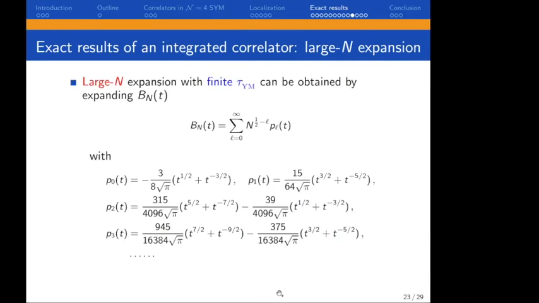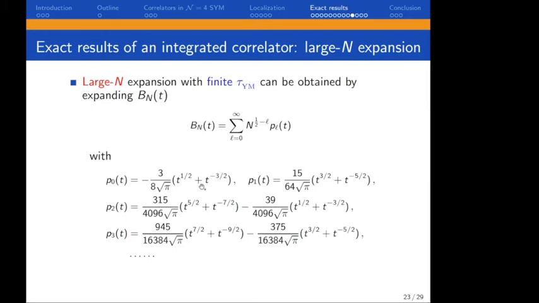Another direction we would like to study was the large N expansion, but now with finite coupling. That can be done by expanding this rational function, called the BNT. We can do a large N expansion for this polynomial in large N, and we found that the result takes quite a simple form.